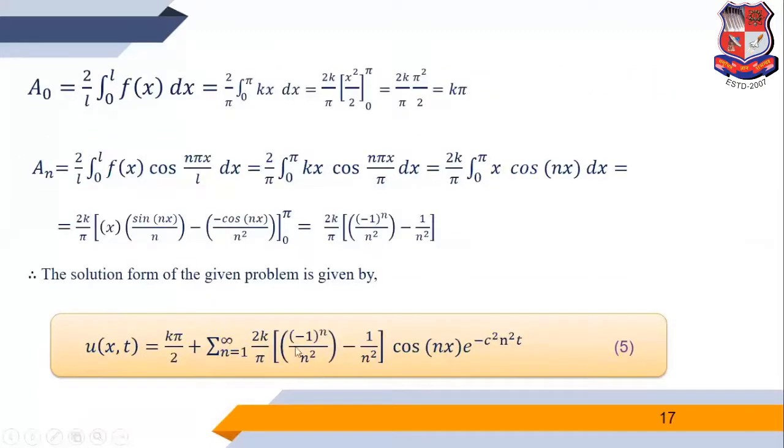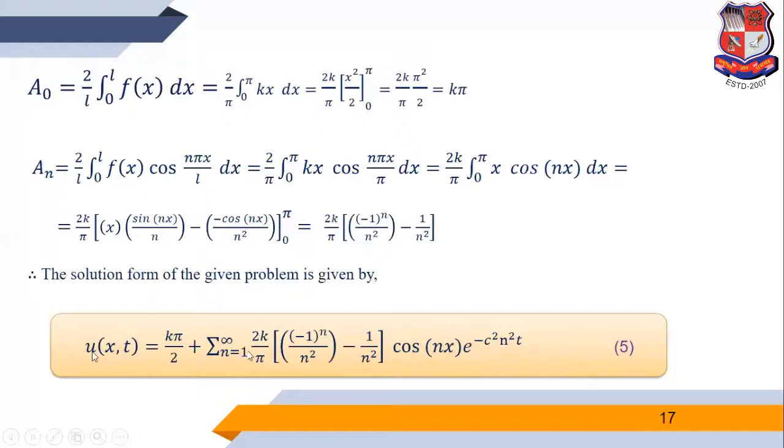So we get u(x,t) is equal to k pi by 2 plus summation n is 1 to infinity a_n, that means this value, into cos n pi x by L, so pi cancels, so cos nx e raised to minus c square n square pi square by L square, so L is again pi, square cancels, into t.